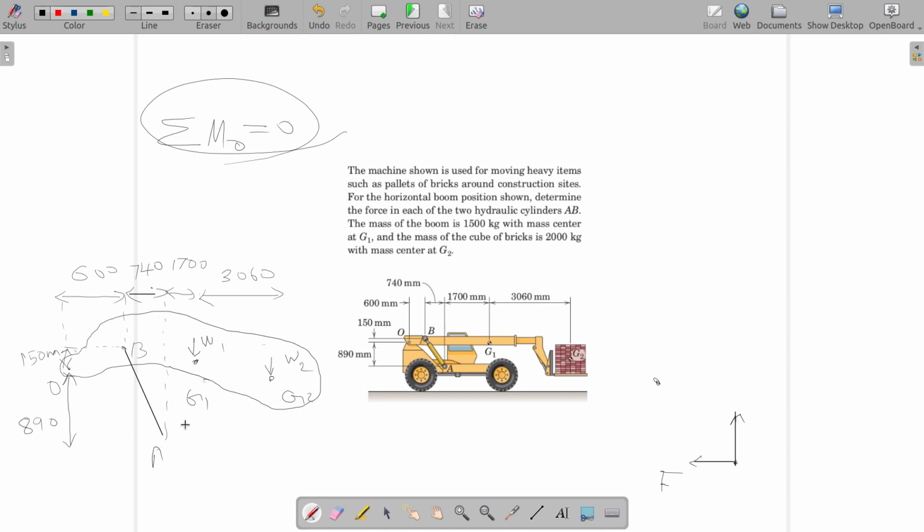To take a single equation here you will probably need this angle also, so that also you need to calculate.